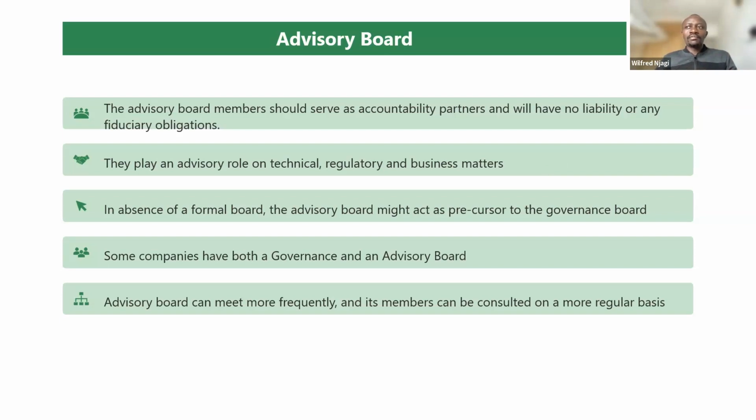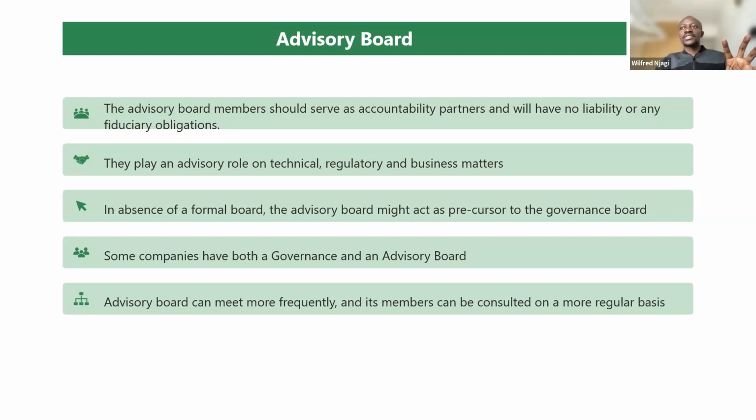Some people also have their mentors as part of their advisory board. So those are the two distinctions. One is more powerful and more legally binding, and they appear even in your company documents. Those are the governance board members.